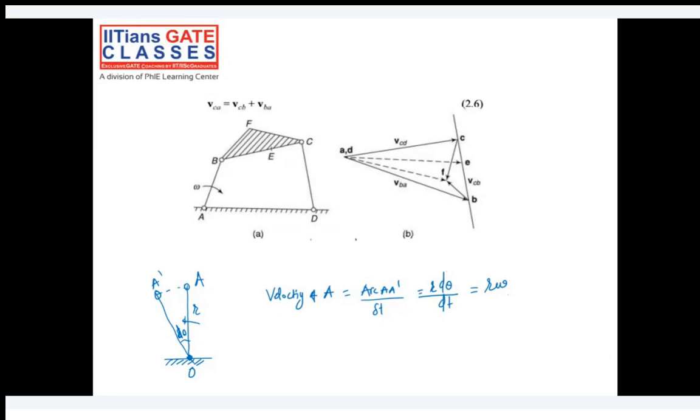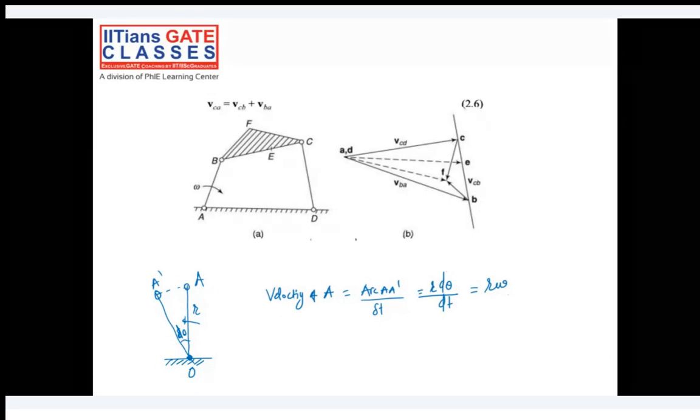Suppose I take any point B here, which is at some distance X. What will be the velocity at this particular point B? Can anyone tell me?